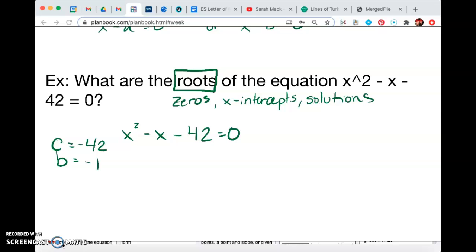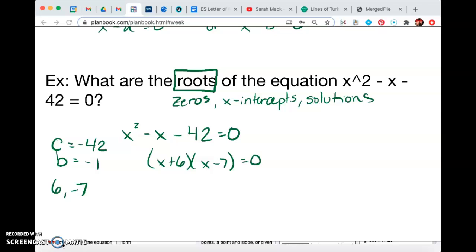Okay, so what two numbers multiply to negative 42 but add to negative 1? 6 and 7. Which one has to be negative? 7. Okay. So then how would I write this in factored form? x plus 6, x minus 7.